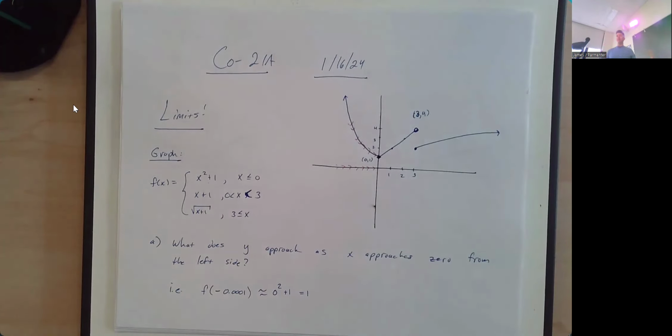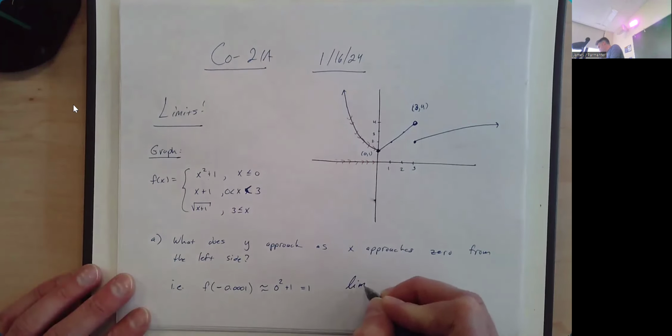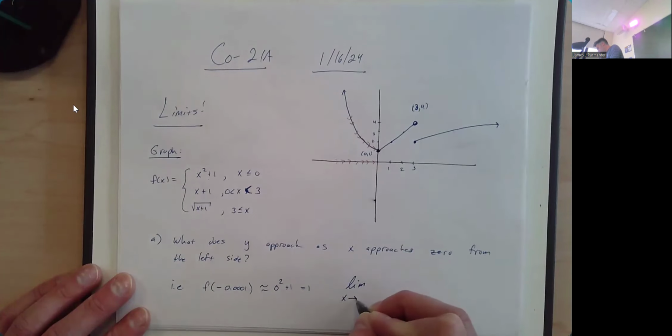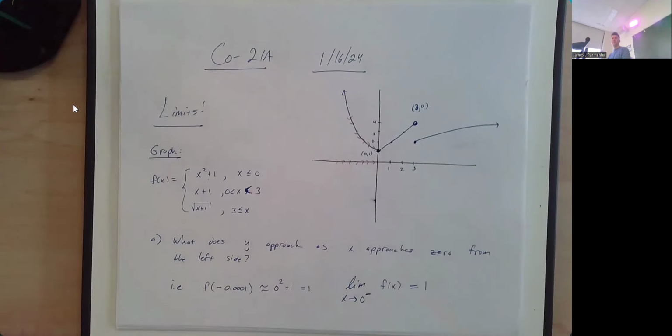I don't really think we need to plug something in to see it. We can look at the graph visually and see that the limit as x approaches 0 from the left-hand side of f of x is 1.